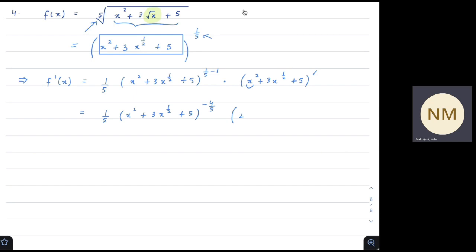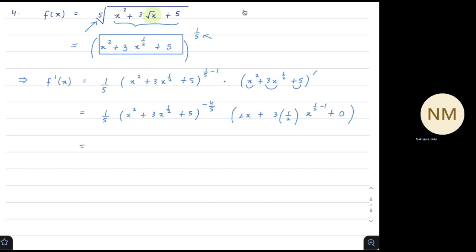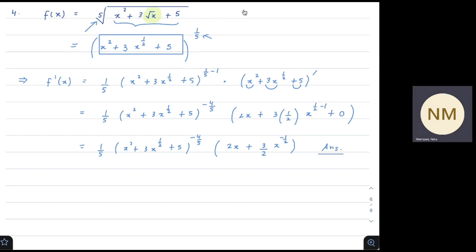Derivative of x squared is 2x. Derivative of 3x to the 1/2 is 3 times 1/2 x to the 1/2 minus 1, and the derivative of 5 is 0. And that is your answer.